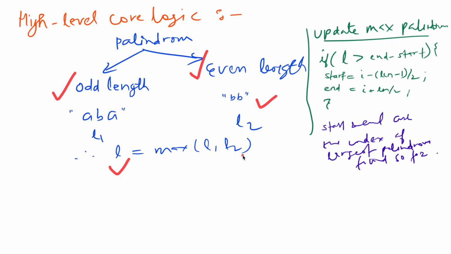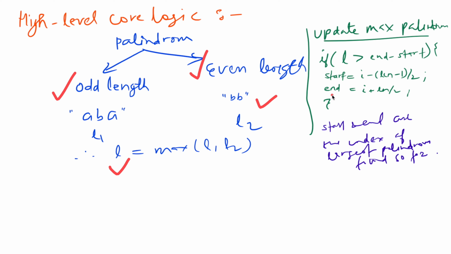Can we say that? But how are we going to update the max palindrome, right? So there is a concept: if length is greater than end minus start, then we update. This is the string where we have tracked the longest palindrome. So we have to track the starting and ending positions, right?